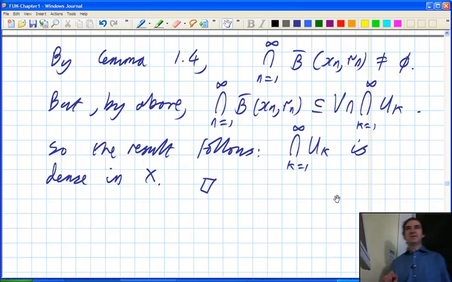Okay, so you can use the irrationals, and that's right. You can get the irrationals, which are clearly not an open subset of the real line, but you can get it as a countable intersection of dense open subsets of the real line.